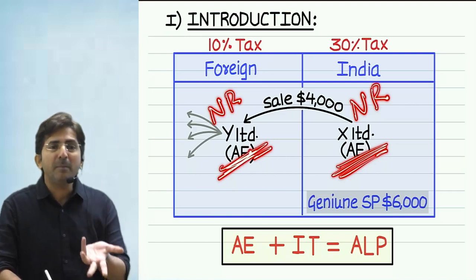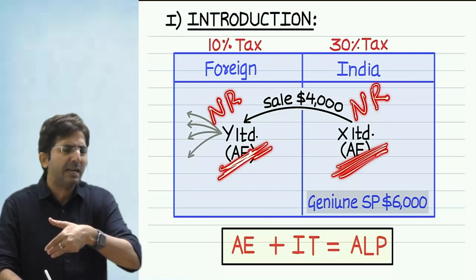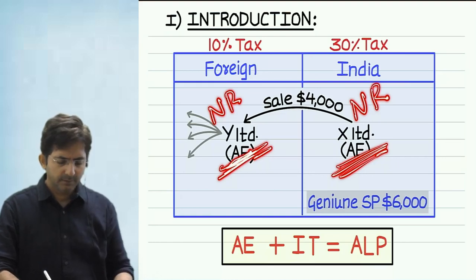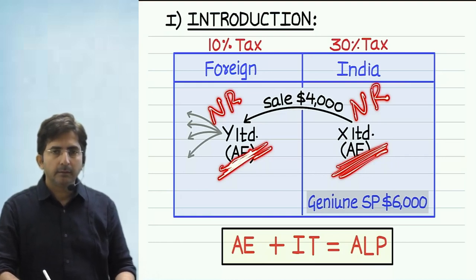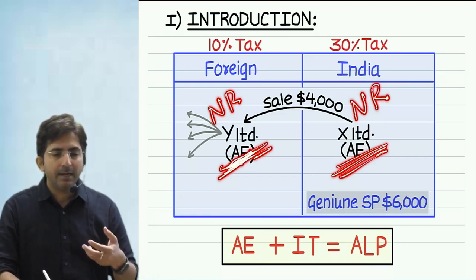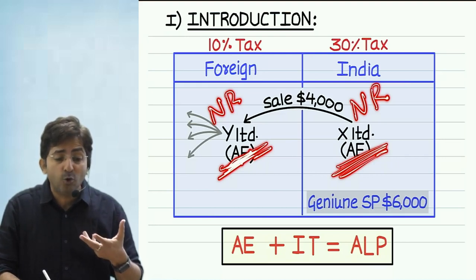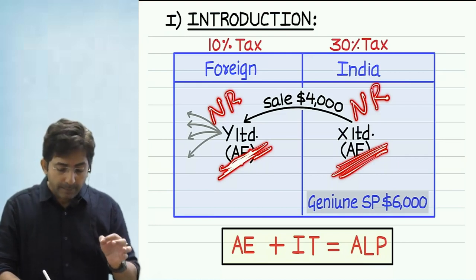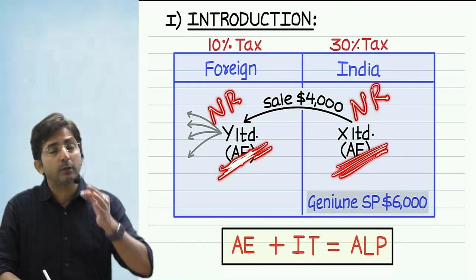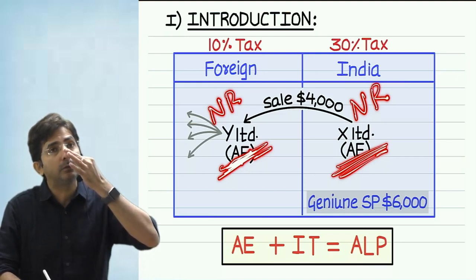How do you become NR in the corporate world? I explained that to you some time back. For a company, R or NR depends upon incorporation. I told you. So imagine X and Y both are incorporated in Australia.